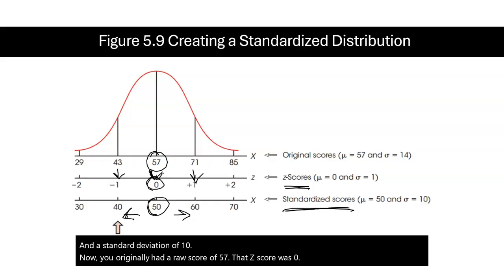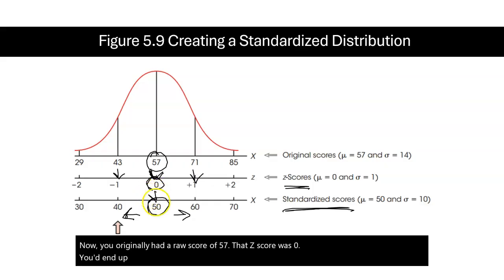You'd end up with 50 in the new scale. The score of 71, that was the z-score of plus 1, becomes 60, because that is 10 points above the average. And 43, which was the negative 1 z-score, becomes 40 because it is 10 points below 50.